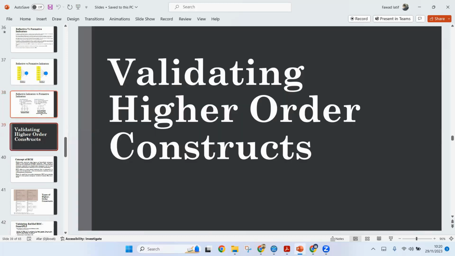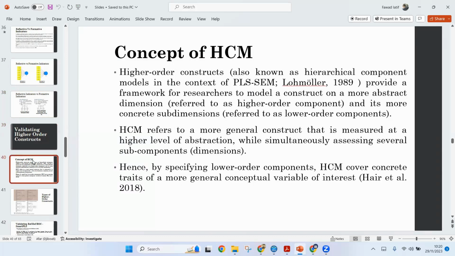Now, normally we come across this concept of formative constructs when we are dealing with higher order constructs or hierarchical component modeling. At the lower level, as I mentioned yesterday as well, in 90%, 95%, or even more cases, you will not come across a formative construct.